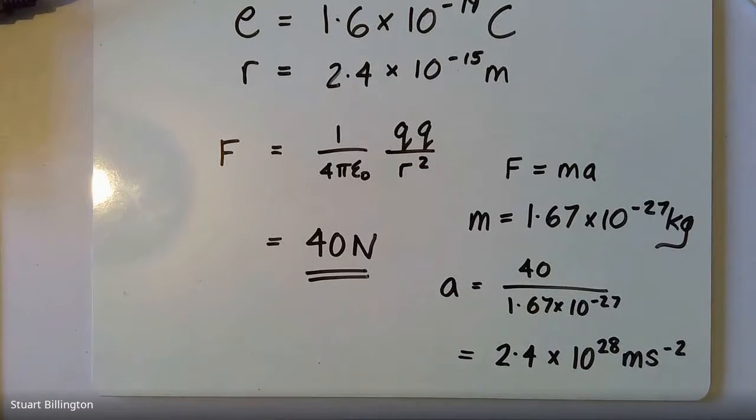It is ridiculous how strong the Coulomb force is. And that constant at the front, that 9 times 10 to the 9, plays a large part in the strength of the force. Not all of it, but a large part of that. It's a big constant at the front of that force law.